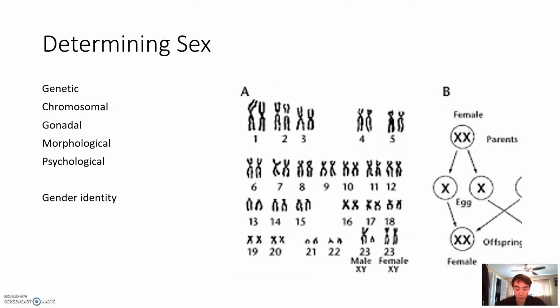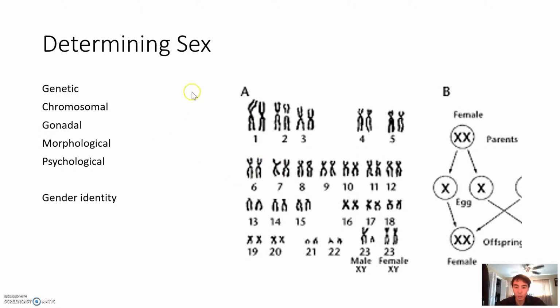So to wrap things up, there are many things that go into determining someone's sex. There are genetic, chromosomal, gonadal, morphological, and psychological components and characteristics. For one example, an individual could have the XY sex chromosomes, but could appear to be non-male due to development issues somewhere along the lines.